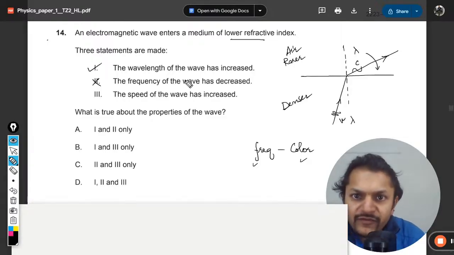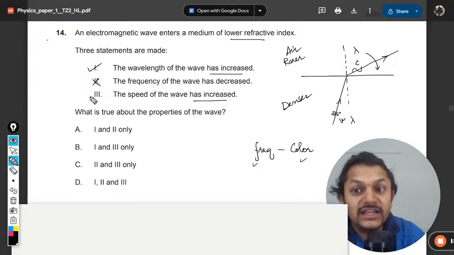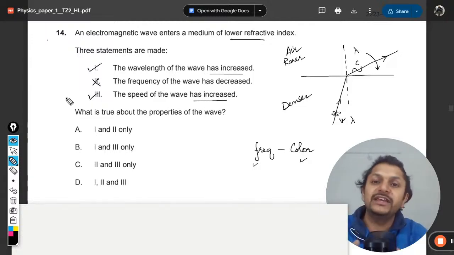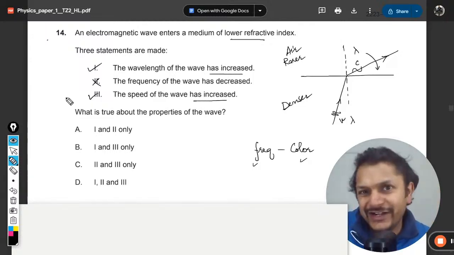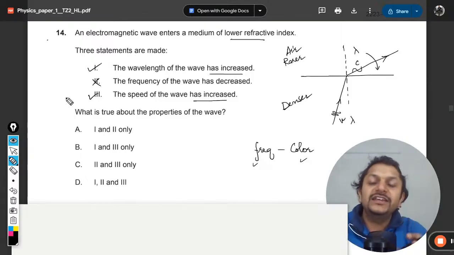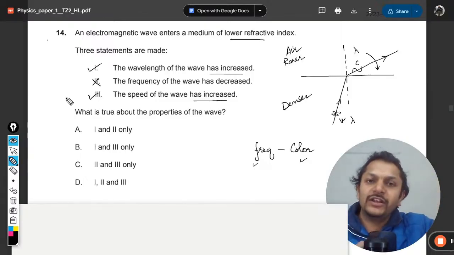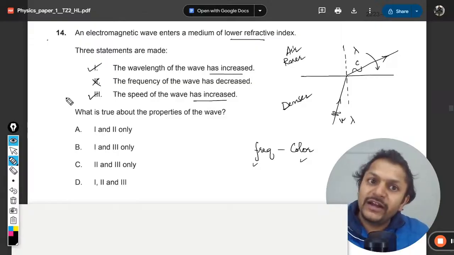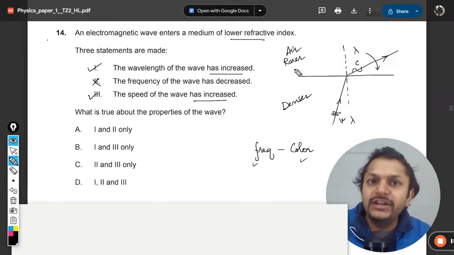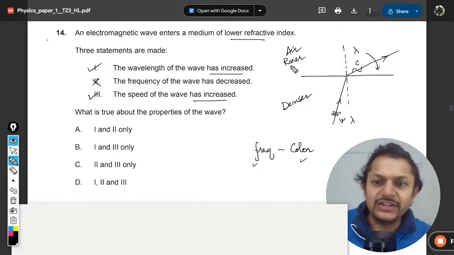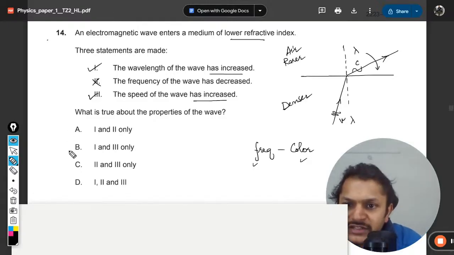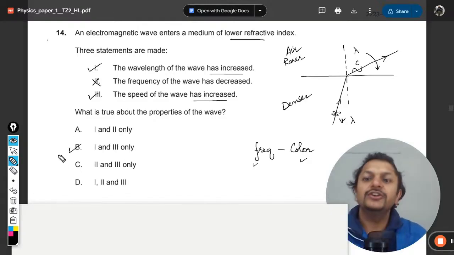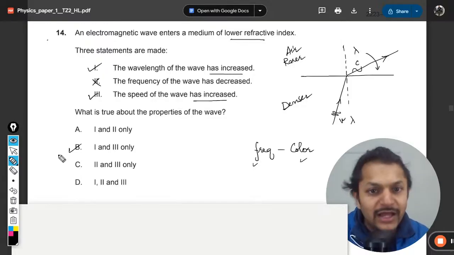So point number one, the wavelength has increased, is absolutely correct. The speed has increased, even that is correct, because that is the definition of refractive index. Refractive index is the ratio of the speed of light in air divided by the speed of light in the medium, and this is the rarer medium, so definitely the speed will increase. Anyways, so the answer for us is 1 and 3, so answer will be B, and this is how we do this question.